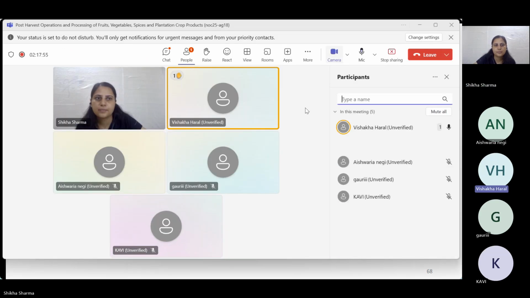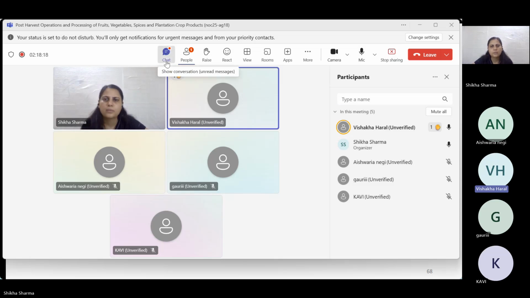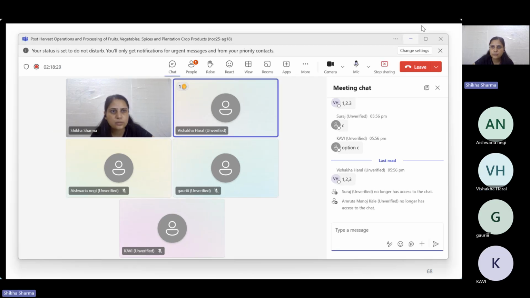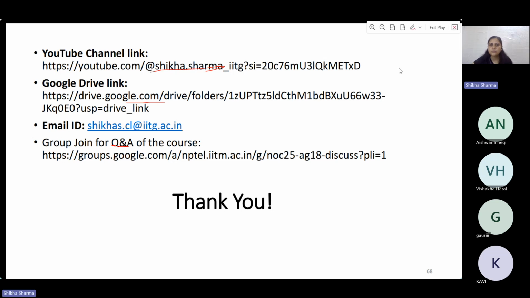Ma'am, it was regarding assignment 3. There was a question which stated: which of the following statements are correct regarding the factors influencing microbial ecology in food. There were 4 options: A, 1 and 3 only; B, 1, 2 and 4 only; C, 1 and 2 only; and again D, that is 1 and 3 only. I chose option A, that is 1 and 3, but they said option D is correct, and D is also 1 and 3 only. So my answer is marked wrong. Which assignment are you talking about?